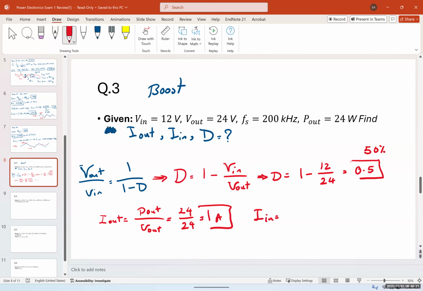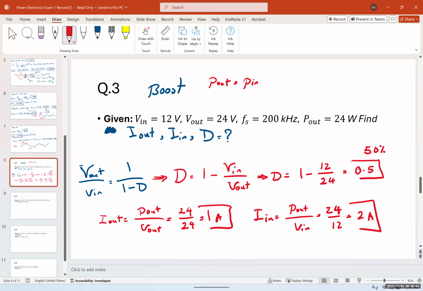And Iin would be equal to, again, P out, because this is an ideal situation and P out is equal to P in, divided by Vin, which again is 24 divided by 12 gives us 2 amps.